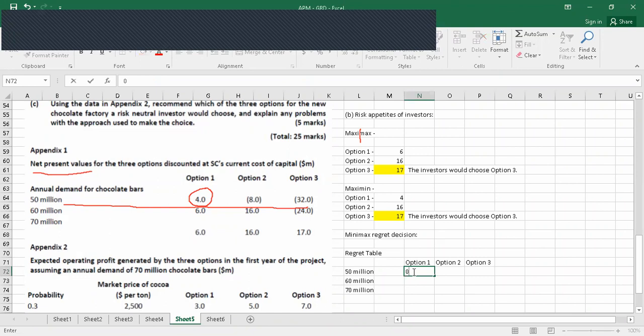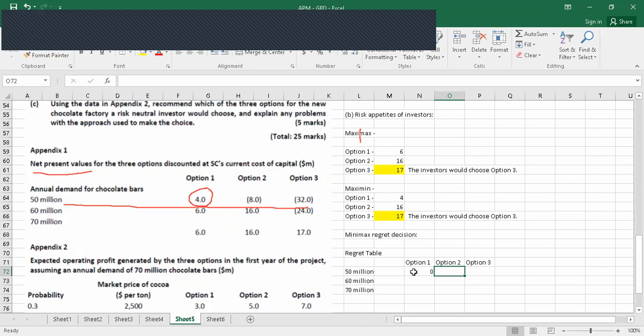Let's say take up a situation where the demand for chocolates is 50 million, and if they have taken up the decision to build size 1 factory building, then size 1 factory building in a situation of 50 million annual demand for chocolates has a return or NPV as 4.